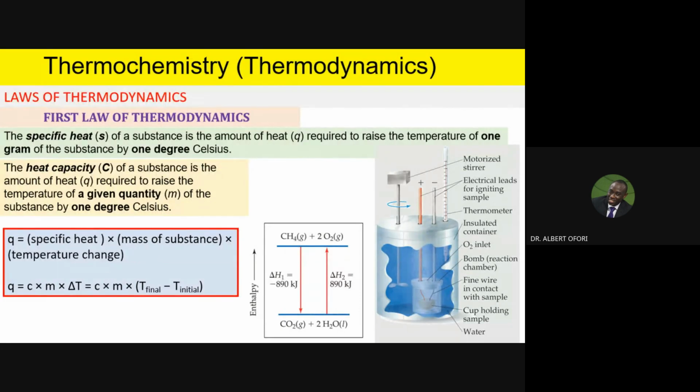A calorie is the amount of energy required to raise 1 gram of water by 1 degree, or in other words, 1 Kelvin. So if I have 1 gram of water exposed to heat, and I'm able to raise its temperature by 1 degree Celsius or 1 Kelvin, then I'm measuring the energy, the heat that flows. That is where we get the cal from.